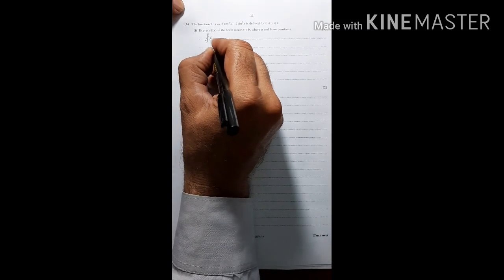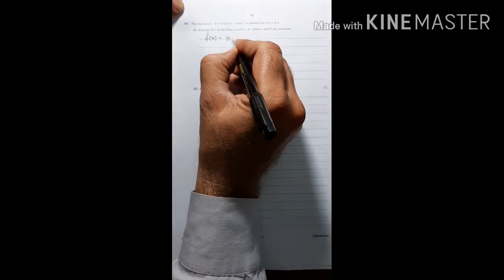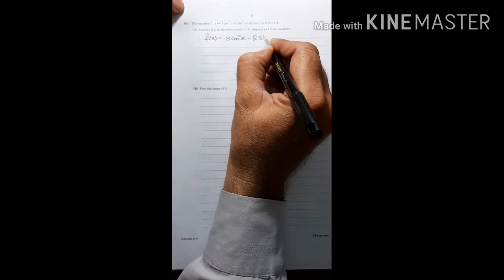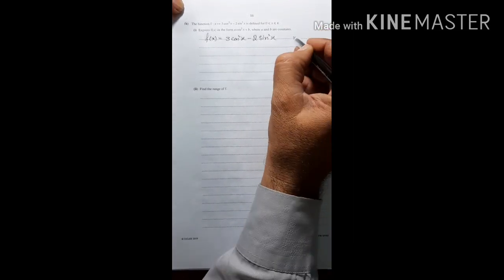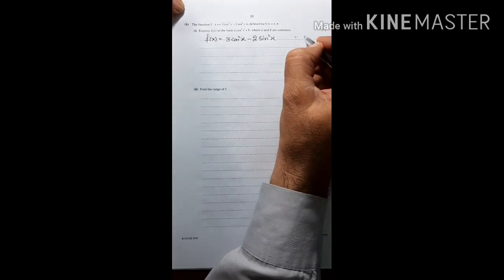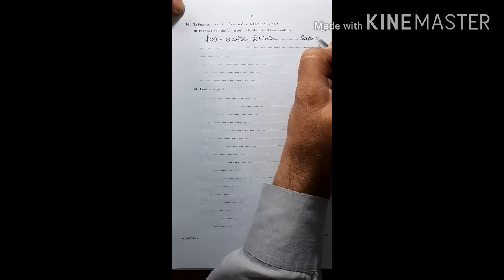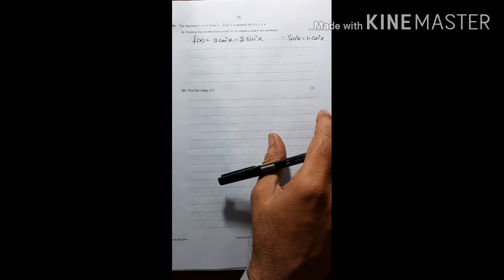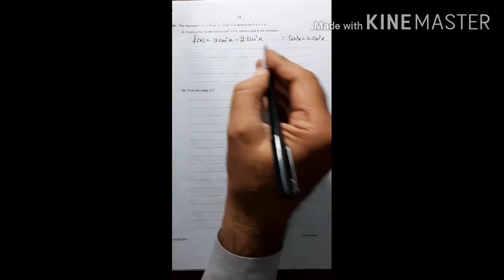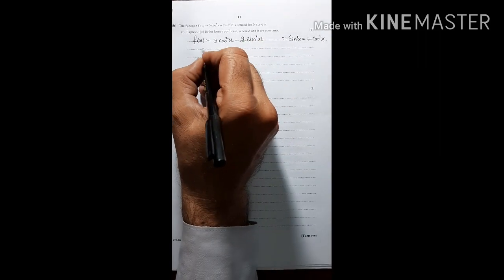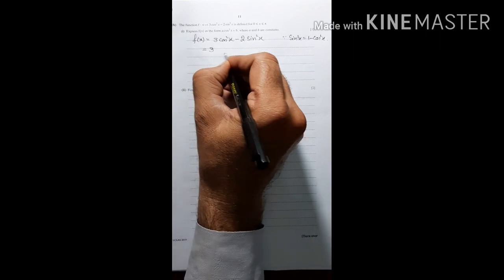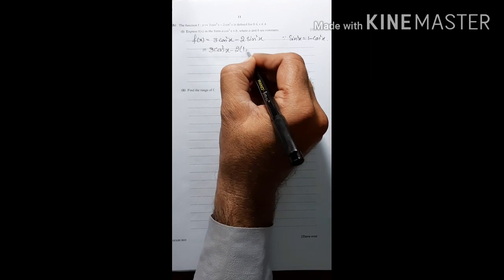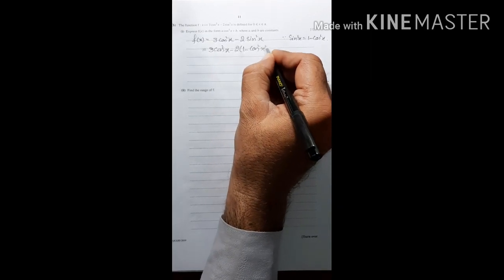f(x) is 3 cos square x minus 2 sine square x. We know that sine square x is always 1 minus cos square x from the trigonometric identity. So we'll put that value here. It will become 3 cos square x minus 2 into (1 minus cos square x).